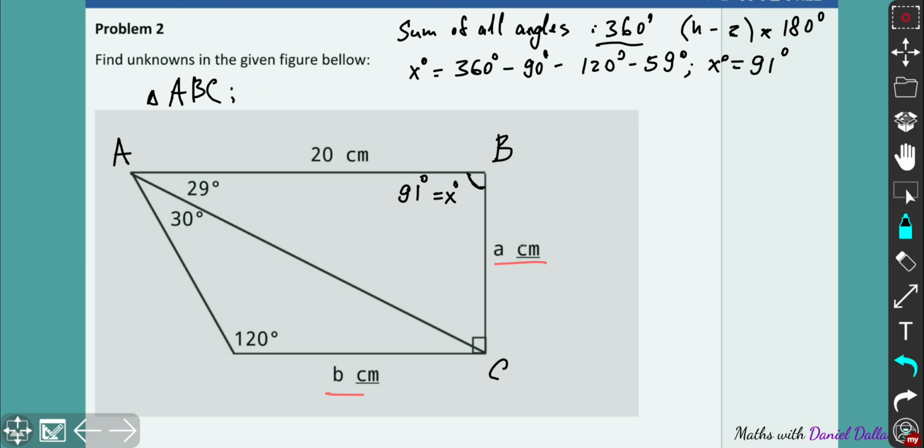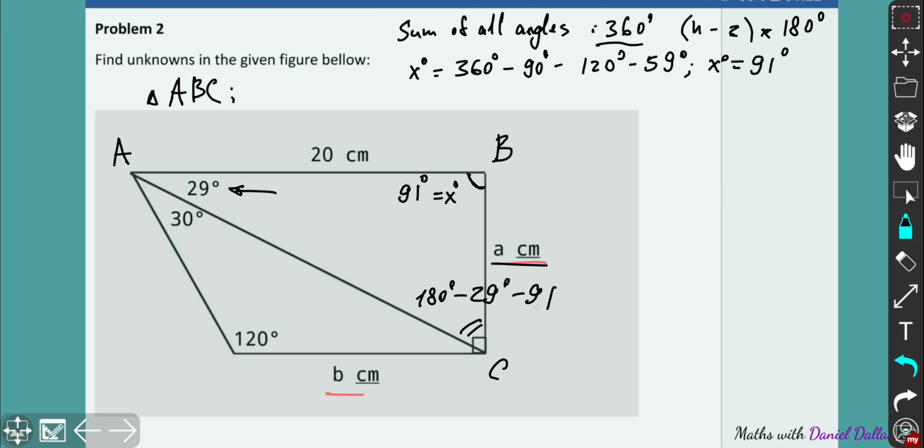We need to find side A, which is unknown, but we know that it's opposite 29 degrees in this triangle. We also know that 20 centimeters is opposite an angle which we can find easily. This angle is 180 minus 29 minus 91.